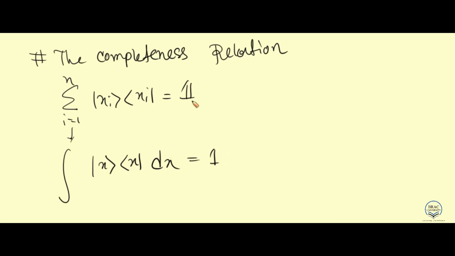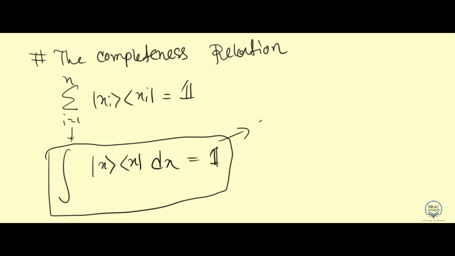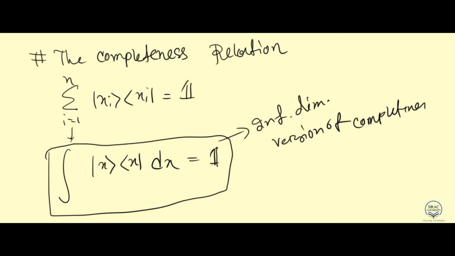You can obviously write it like this identity operation as well if you want, but this is our completeness relation in the infinite dimension. And this will be pretty useful as we go along, and we'll see how they're useful.